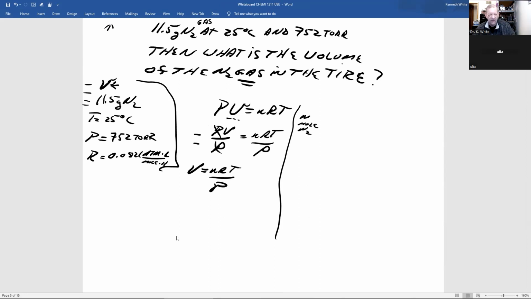And what do we have? We have 11.5 grams of N2, and we're trying to get to moles of N2. What units go on top and bottom of that ratio?